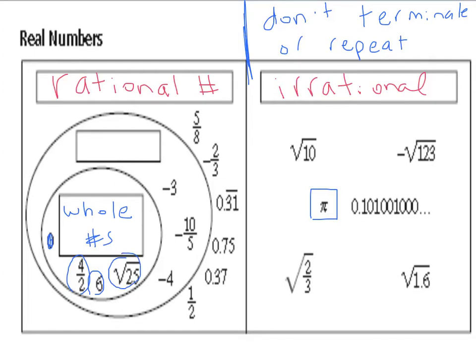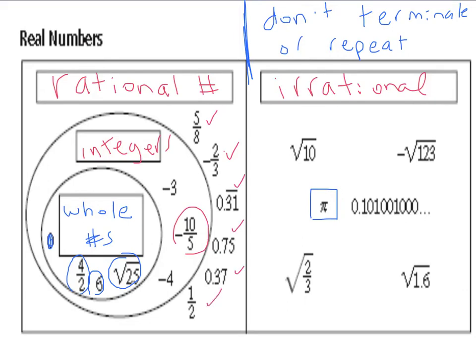Outside that circle just a little bit, we have the set of integers. Integers are the set of all positive and negative whole numbers: -3, -2, -4. And on the very outside of that, these are all rational numbers, because that terminates, that repeats, that repeats, that terminates, that repeats, that repeats. Those are all rational numbers.